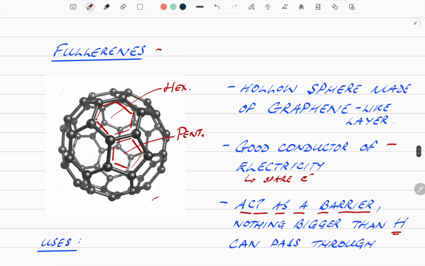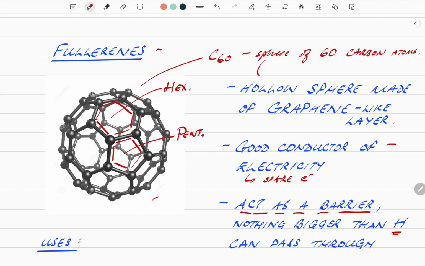Fullerene, and I suppose I ought to explain one thing here. The most common one that you see, the first one, is C60. So it's one sphere made up of 60 carbon atoms. And they go up.